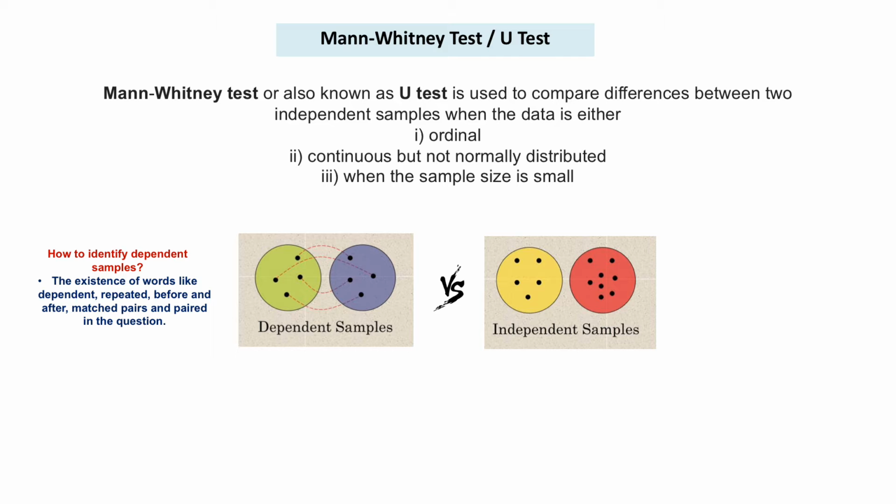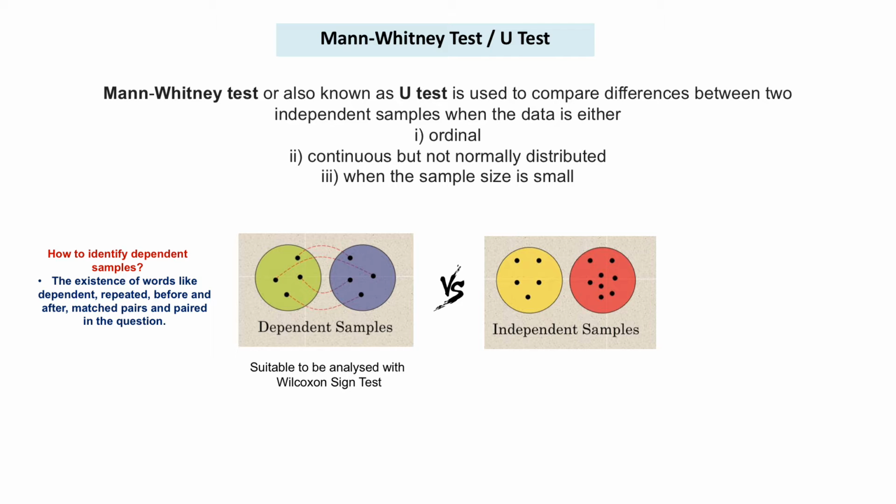So normally the use of words like dependent, repeated, before and after, matched pairs and paired are indicated in the question. So from here we know that the samples are dependent. And the test that is used to analyze data that have dependent samples is the Wilcoxon signed rank test.